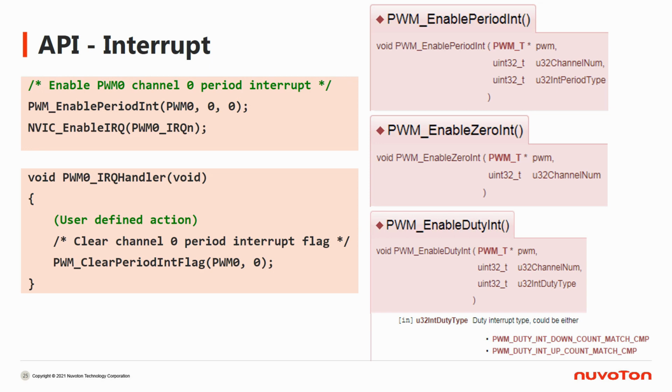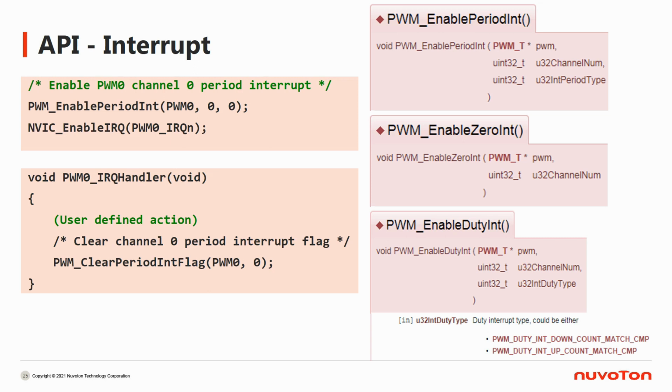At some points, PWM can trigger interrupt. When interrupt is enabled, NVIC Enable IRQ function should be called to identify the handler function of the interrupt. In this example, period interrupt of PWM module 0, channel 0 is enabled.